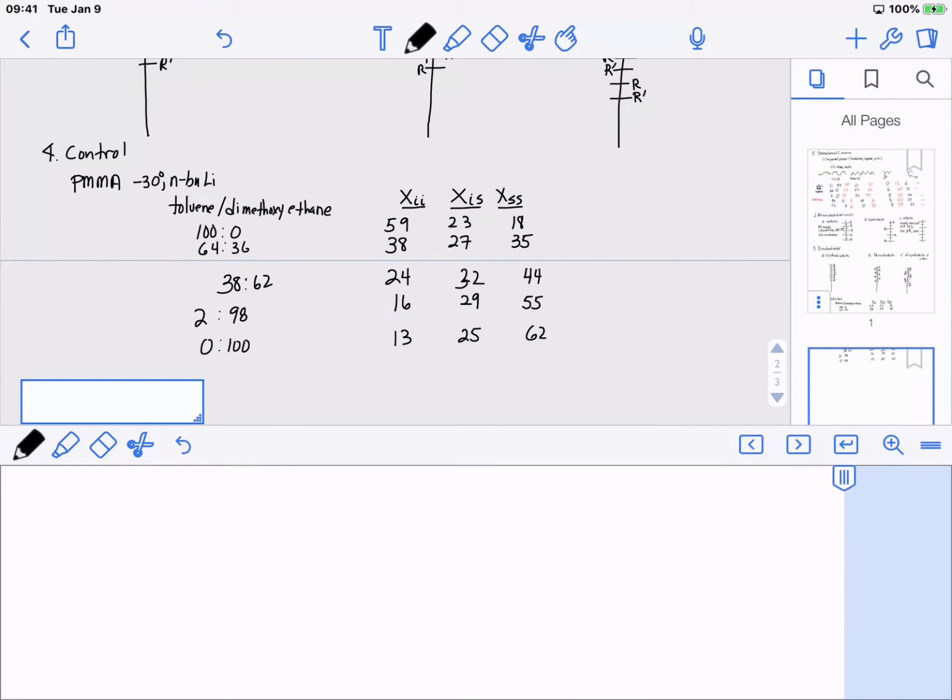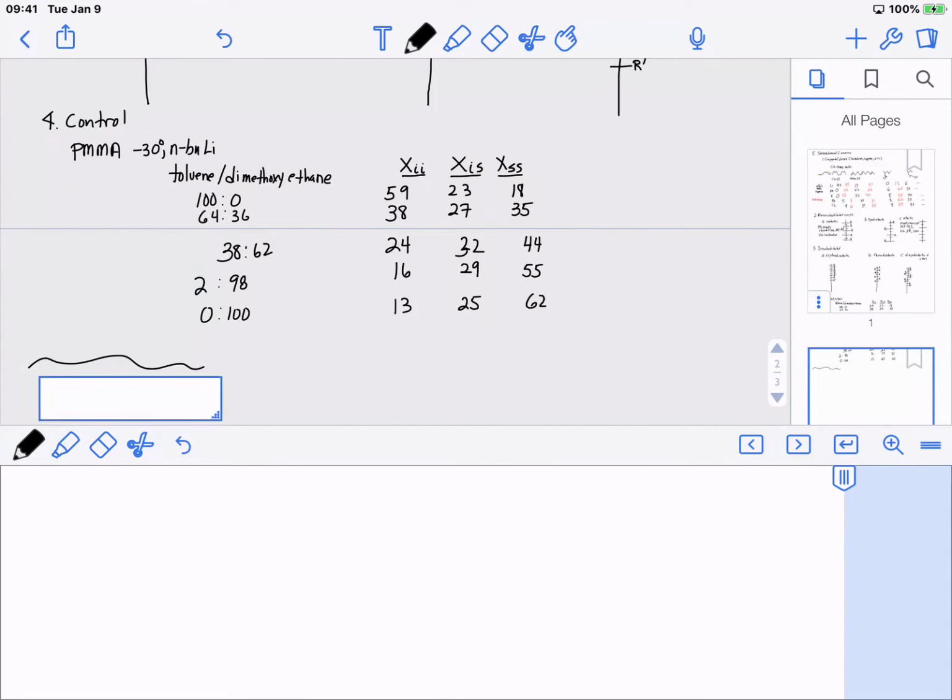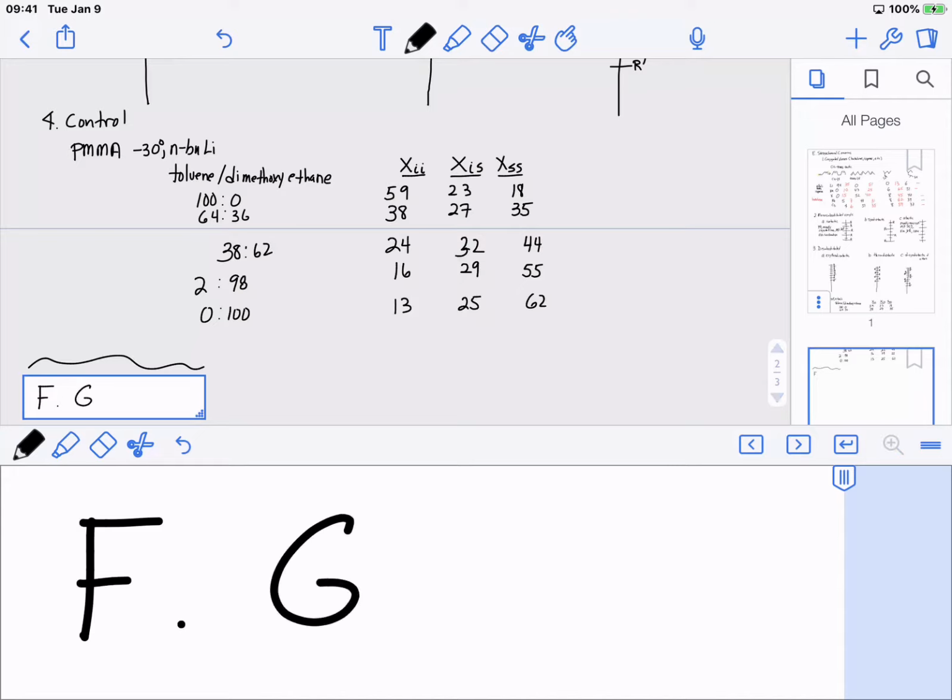Okay, so that's all for this E. The next section here is F, group transfer polymerization.